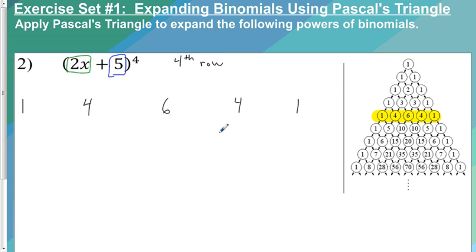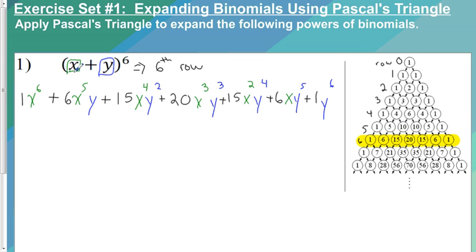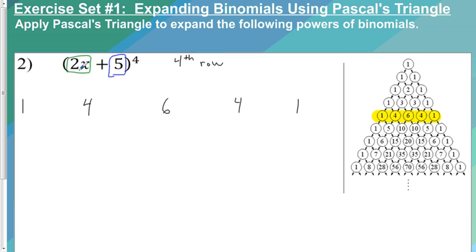Now comes the part that's a little bit tricky for people to understand. Before, we just grabbed the x and threw it in with the power. Now, the reason why we did that was because that's all that was there, just x. But now I have a 2x. And so what that means is I have to take the 2x and throw it in with the 4th power.